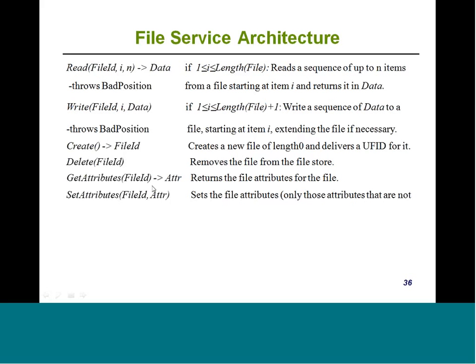GetAttributes(fileID) returns the attributes, which we can store in another variable called attribute. And SetAttributes sets whichever attribute you specify on that particular file, identified by the file ID, which is the unique ID that we have found out.